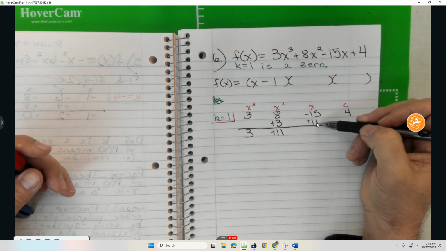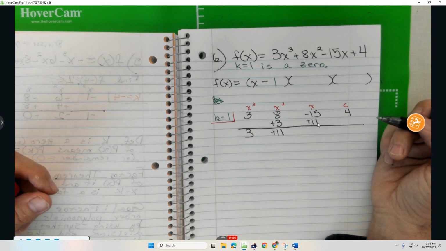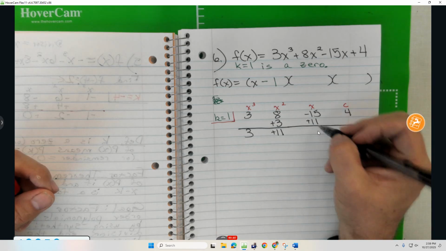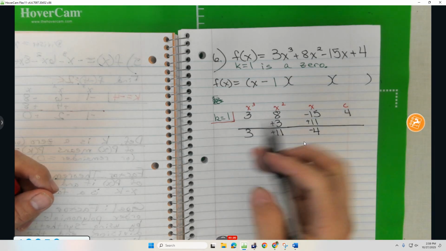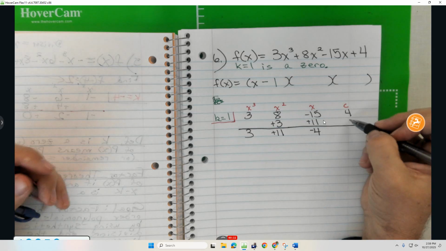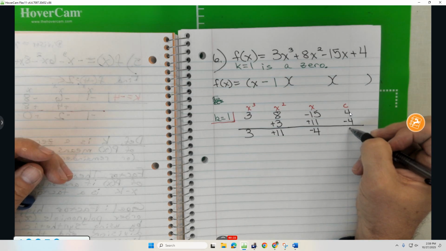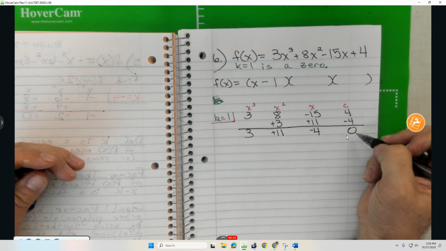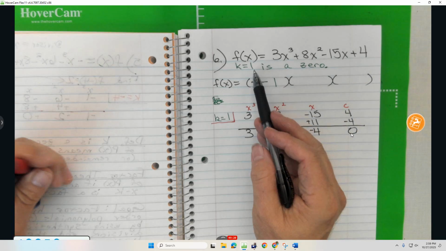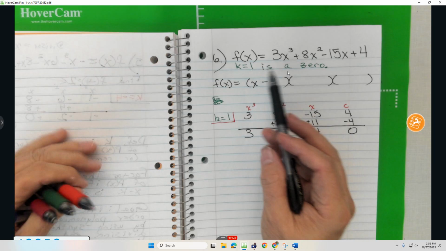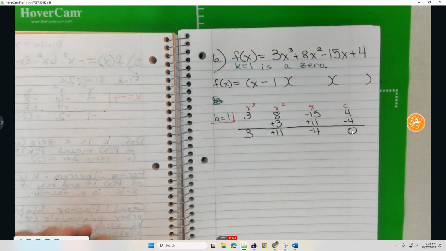Negative 15 plus 11 is negative 4. Negative 4 times 1 gives me negative 4, and a remainder of 0. We knew we were going to get a 0 because they told us that 1 was a 0. That means the remainder has to be 0.